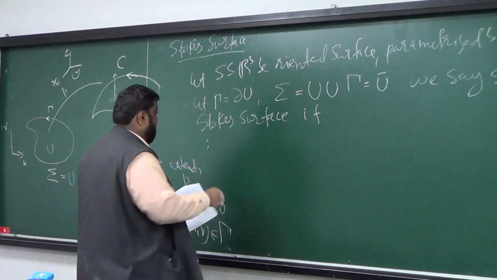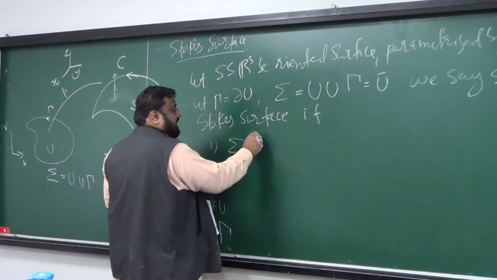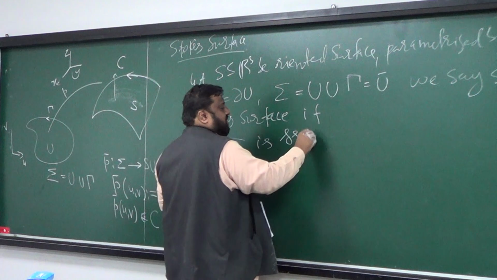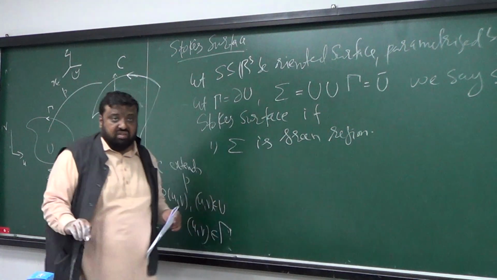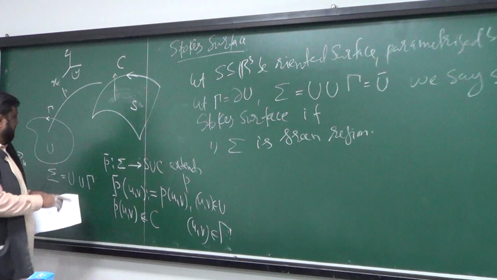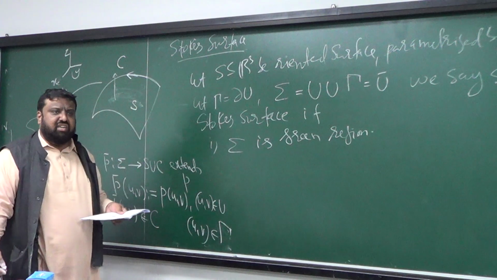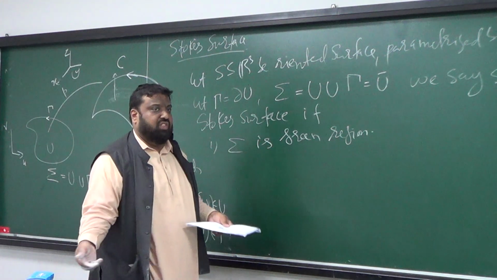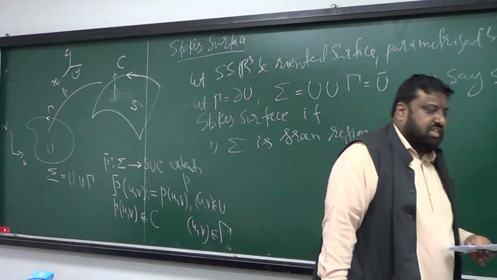If, number one, sigma is a Green region. So this region is a Green region with the boundary, and you can extend it because of the result that we have for the Green region, you can take it to the Jordan regions and multiply connected regions as well.